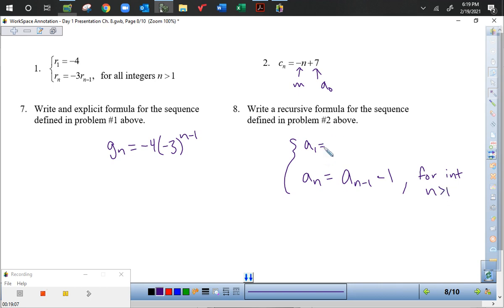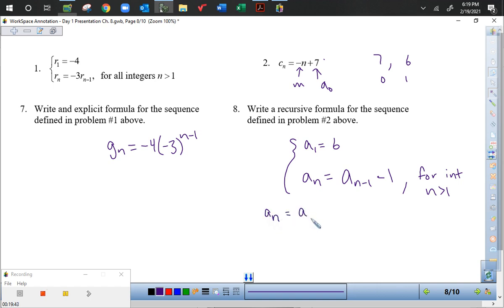But we have to work a little bit to get the first term. So in this equation, this is the 0 term. We need the first term. Using our pattern, every single time it's supposed to be subtracted by 1. So ours is going to be the number 6. You can also use the explicit formula on your note card to solve for that.